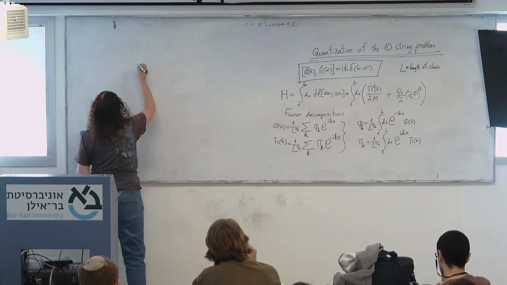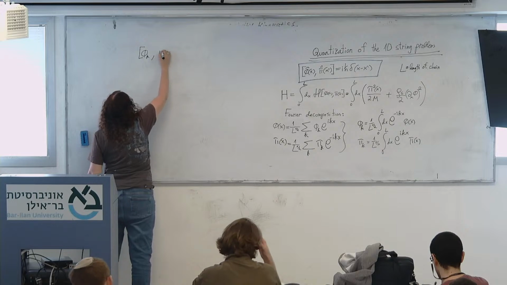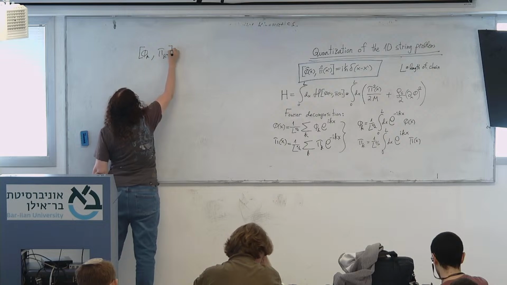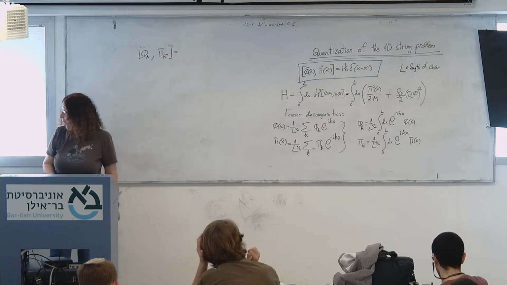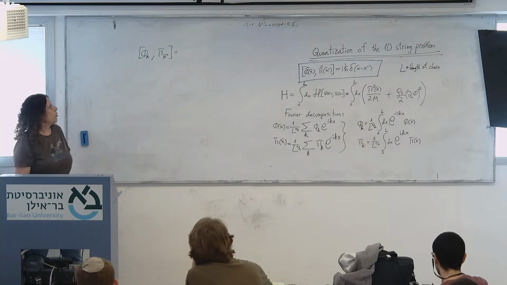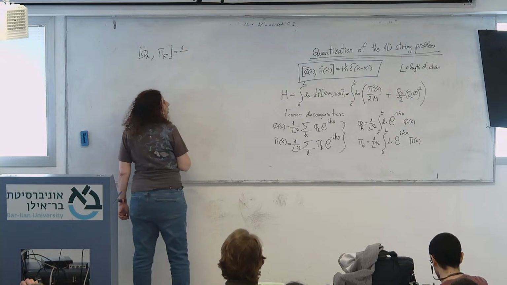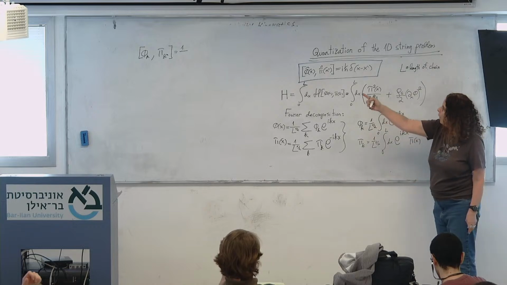Okay, so phi k commutator with pi of k prime. Let's do it carefully.